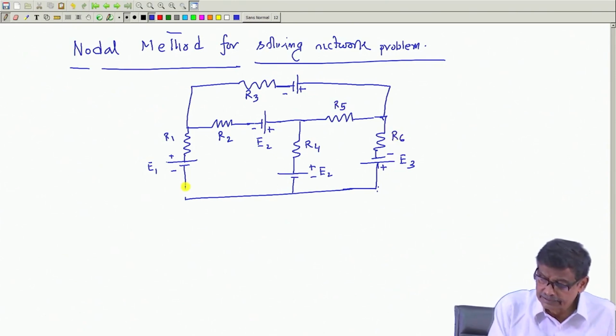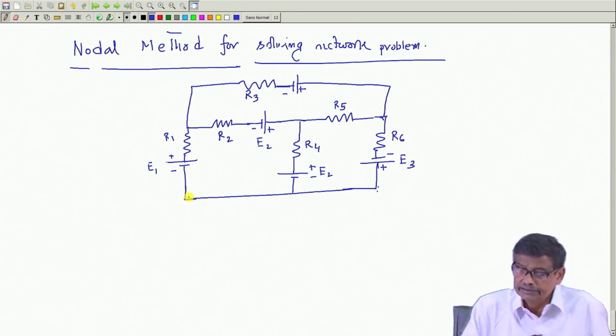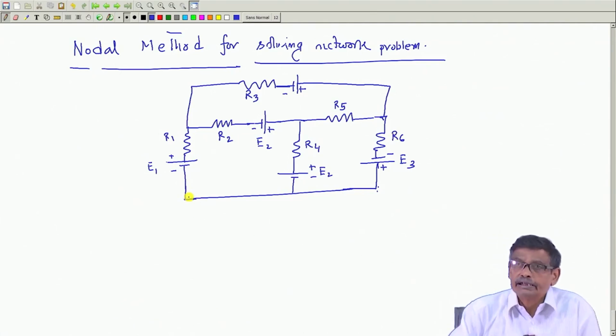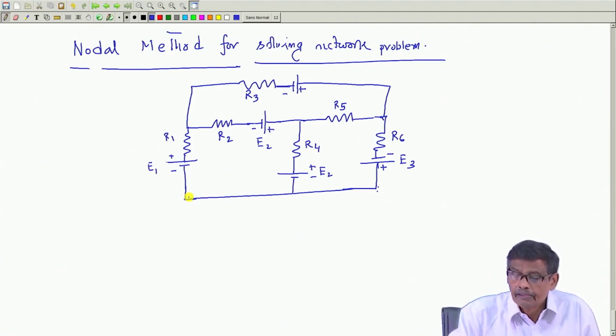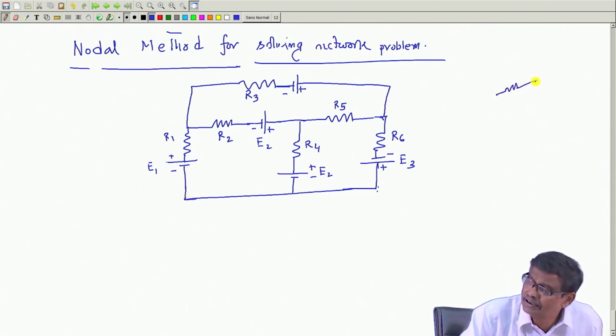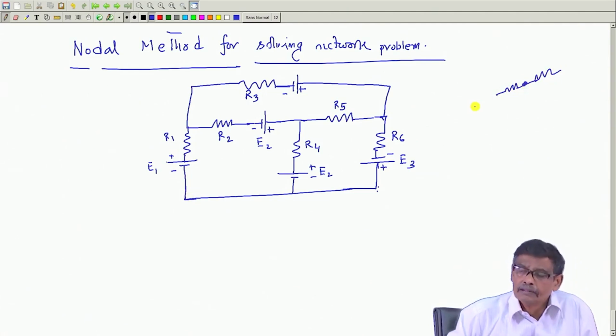In nodal analysis, what they say is this, that first identify how many nodes are there. As in case of mesh analysis, we identify how many meshes are there. Now, junction between two elements in general can be called a node in general. Okay.